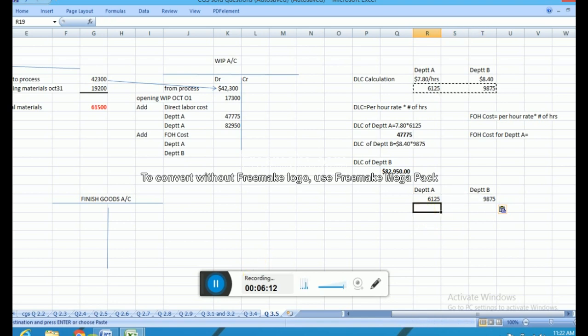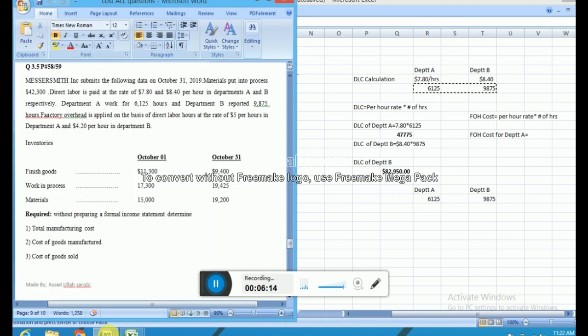But per hour rates are different for factory overhead cost. For department A the per hour rate is $5, and for department B it is 4.20.